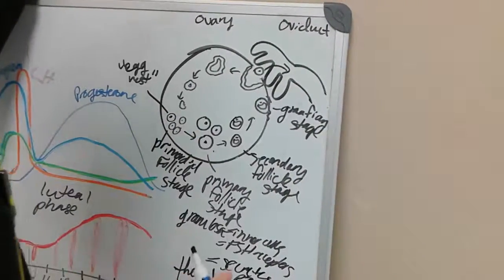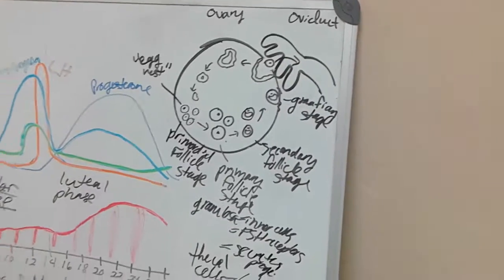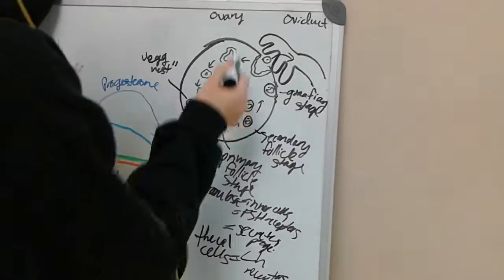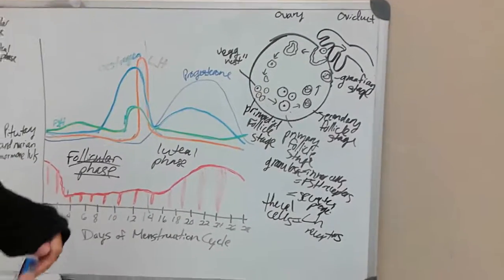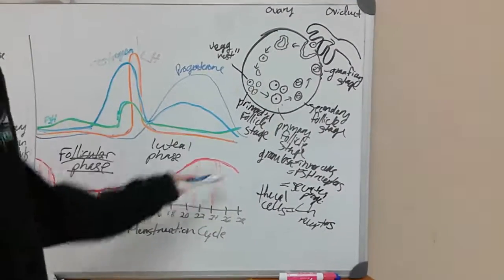So then what happens is now we're entering the luteal phase, in which the leftover granulosa cells fall upon each other and form the corpus luteum. Now the corpus luteum secretes progesterone and a bit of estrogen, which is used to maintain the endometrium.